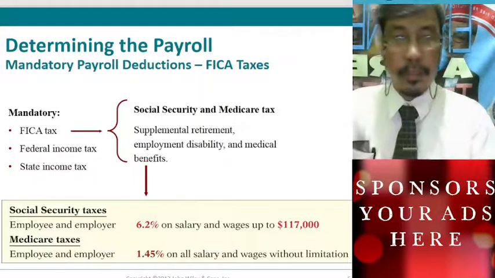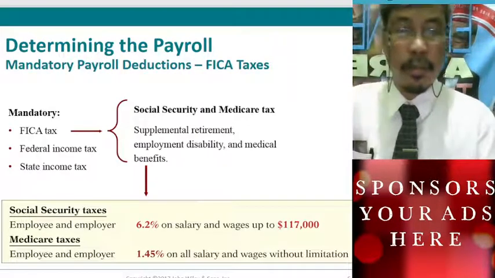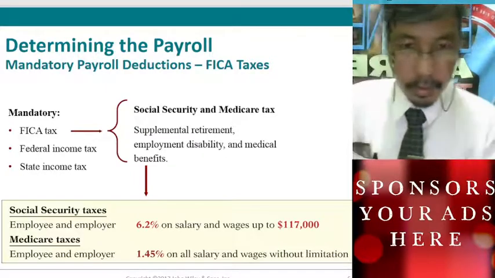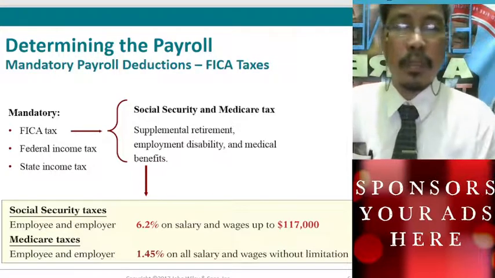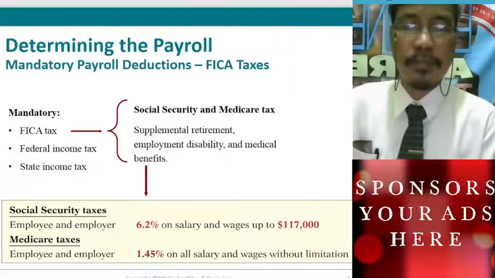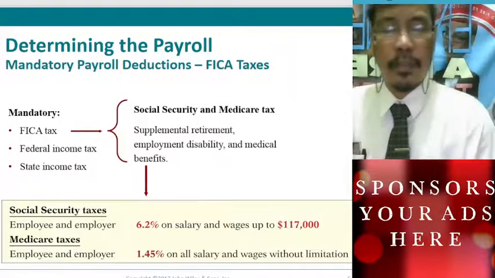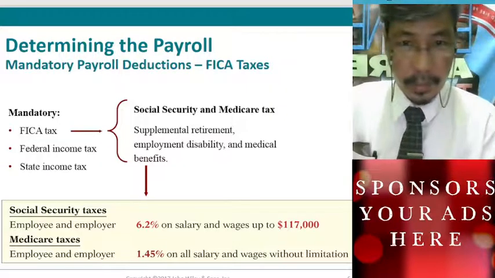Medicare taxes, employee and employer, 1.45% on all salary and wages without limitation. What about Social Security? 6%. About a total of what? 7.65% just for FICA tax.